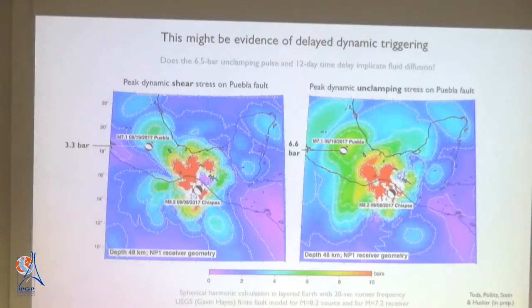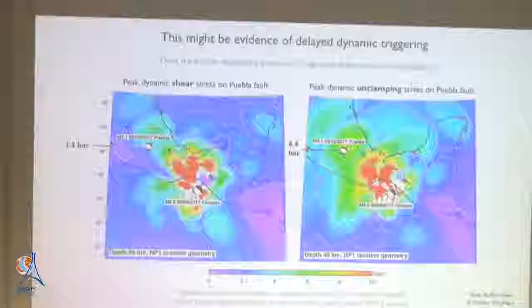But when we looked at the unclamping stress, lifting the brick, it's twice as high, and now it's nearly a bullseye. So that raises the possibility that if there were fluids under very high pressure and you suddenly reduced the clamping forces over about 20 seconds, could fluids permeate the fault, diffuse around the fault, and make it more slippery to trigger a rupture?